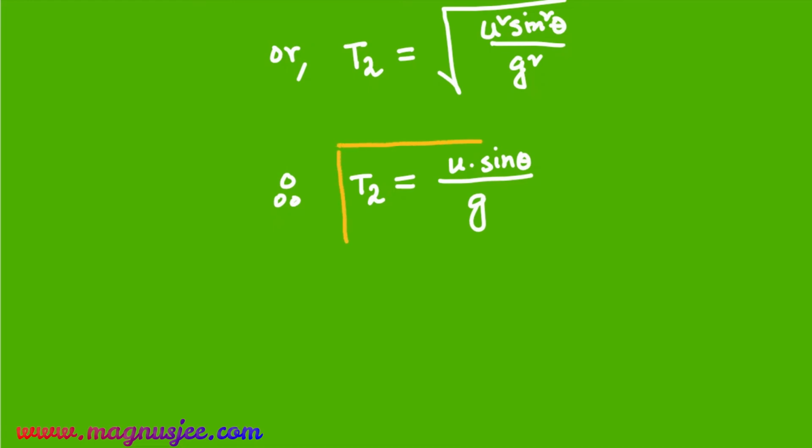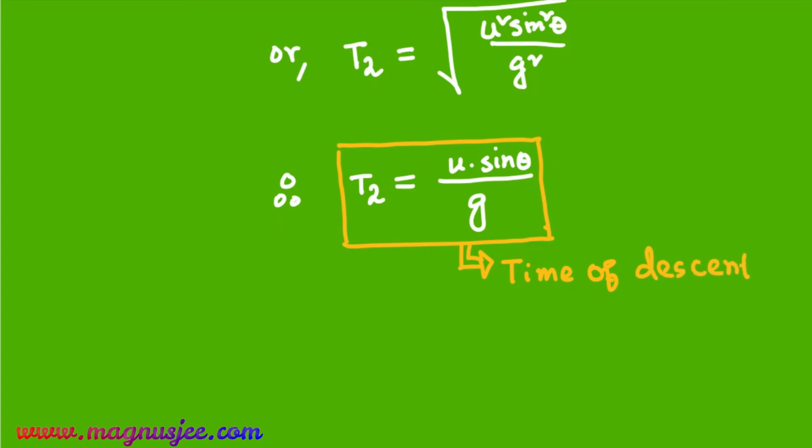So this is the expression of T2, that is time of descent, in which the projectile travels from the highest point to the point B at which the projectile strikes the ground. T2 equal u sine theta divided by g, which is time of descent.